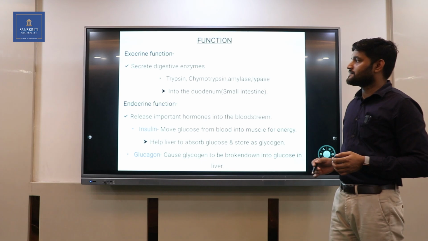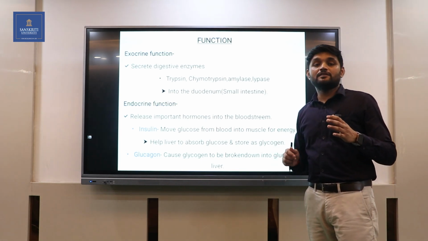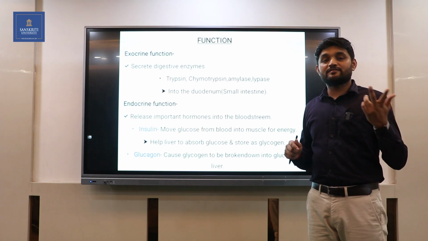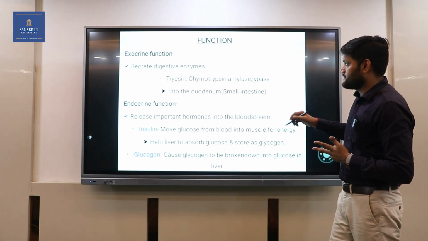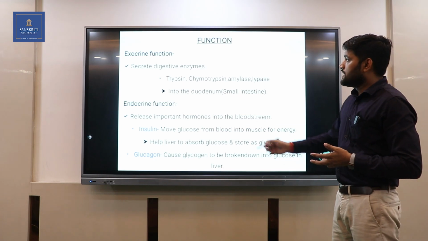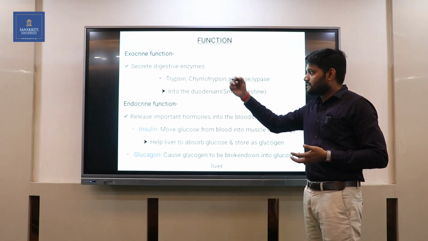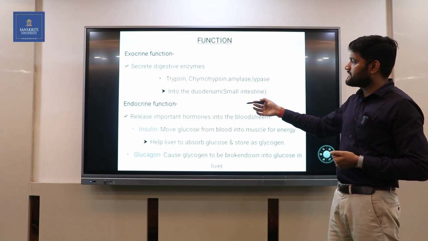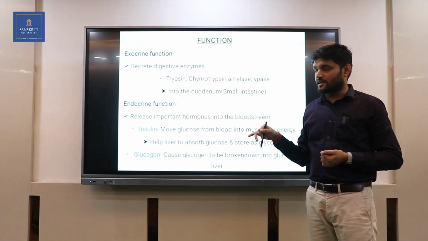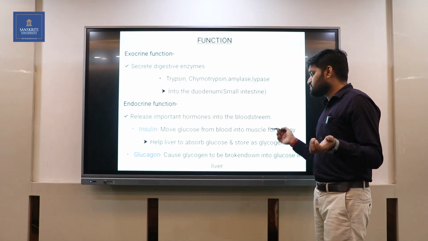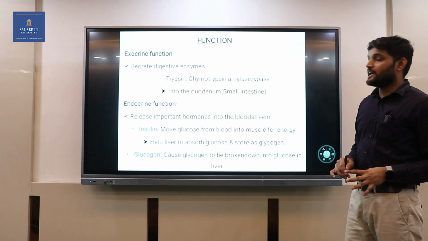Function of the pancreas. Exocrine function. Basically, the pancreas has two major functions: exocrine function and endocrine function. Exocrine function is secreting digestive enzymes. Which enzymes? Trypsin, chymotrypsin, amylase, lipase into the duodenum, the small intestine. Endocrine function releases important hormones into the bloodstream, inside the blood vessels.